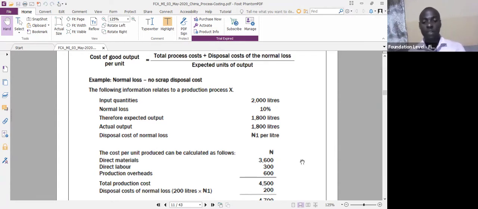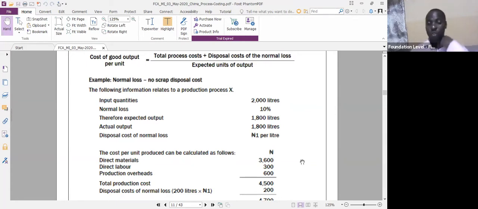Direct material cost is 3,600, direct labor and overhead 300 and 600 respectively. When you add these three costs, you have 4,500. Okay, now you have your disposal cost of normal loss. 200 normal losses have been made, valued at 1 naira each.